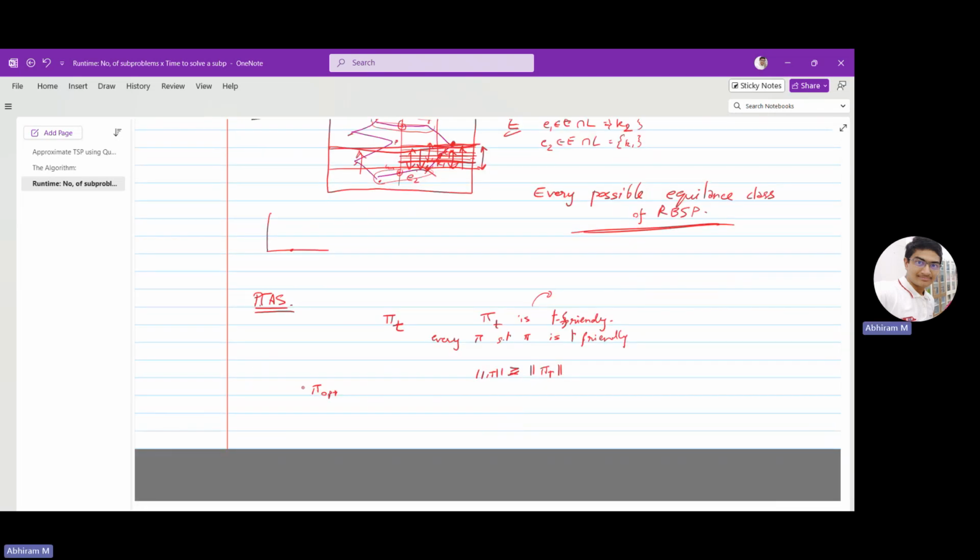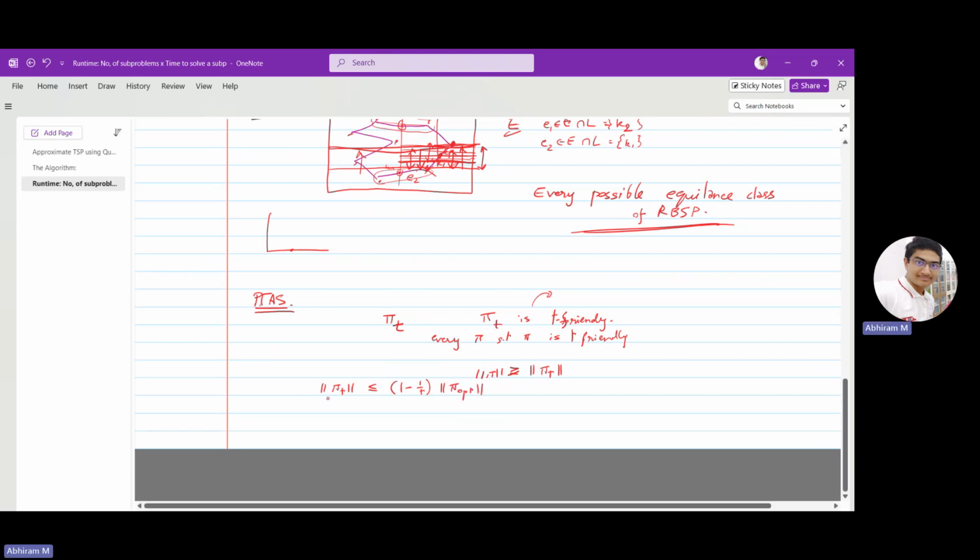Now, what I want to say is that Pi-t is not much worse than PiOpt. So mod Pi-t is less than or equal to 1 plus 1 by t times mod PiOpt, right?